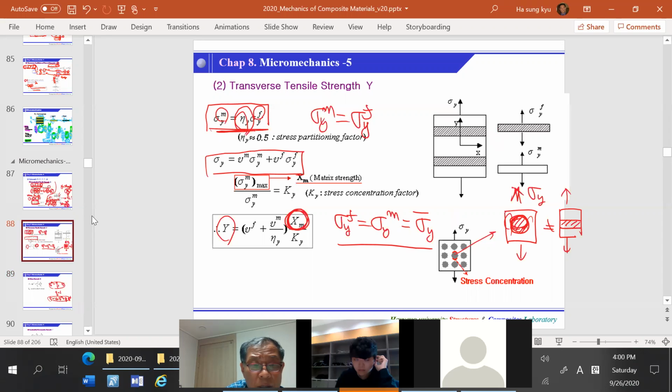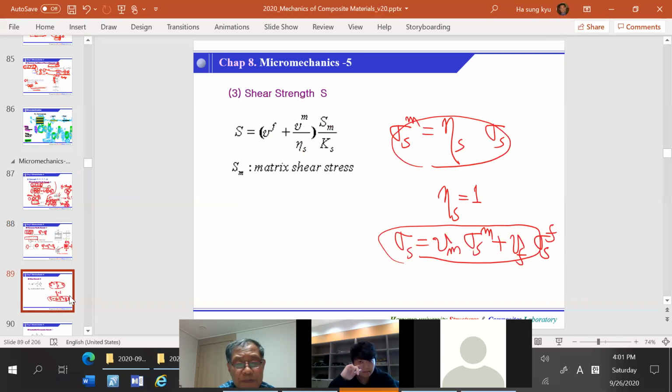So here I would say introducing the stress amplification factor, I mean, the factor can be enhanced using procedures similar to these.